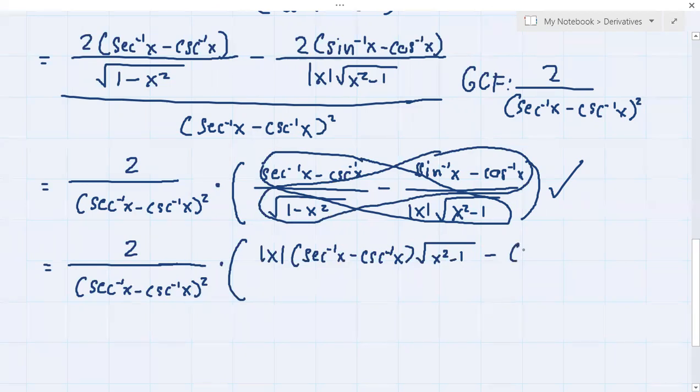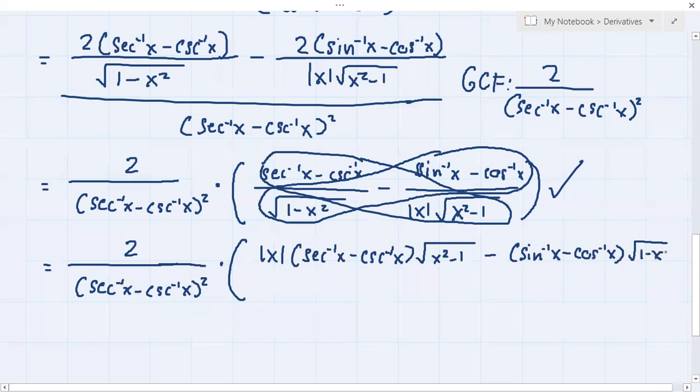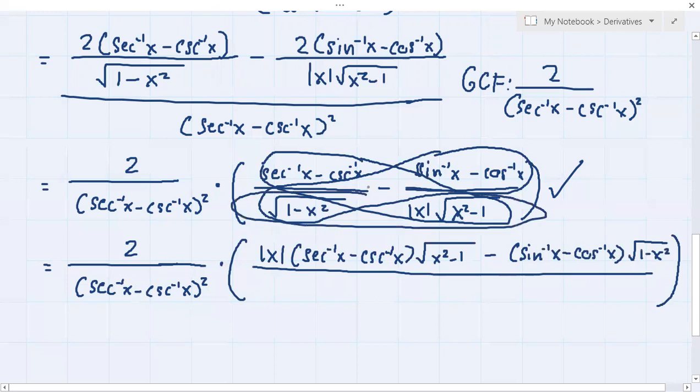So quantity, arcsine x minus arccosine x times the square root of 1 minus x squared. Ayan na siya. Then, all over, multiply natin yung dalawang denominator sa baba: absolute value of x times the square root of quantity 1 minus x squared times quantity x squared minus 1. Pwede na to as your final answer.